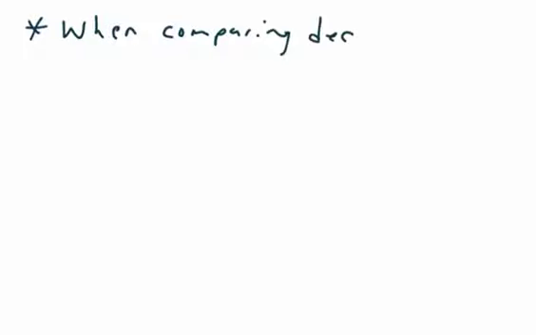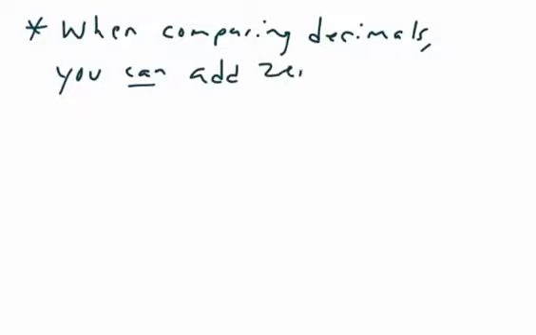Good. So I was looking at the section trying to figure out how I could explain this. And I think the key is when comparing decimals, you can add zeros after the number.